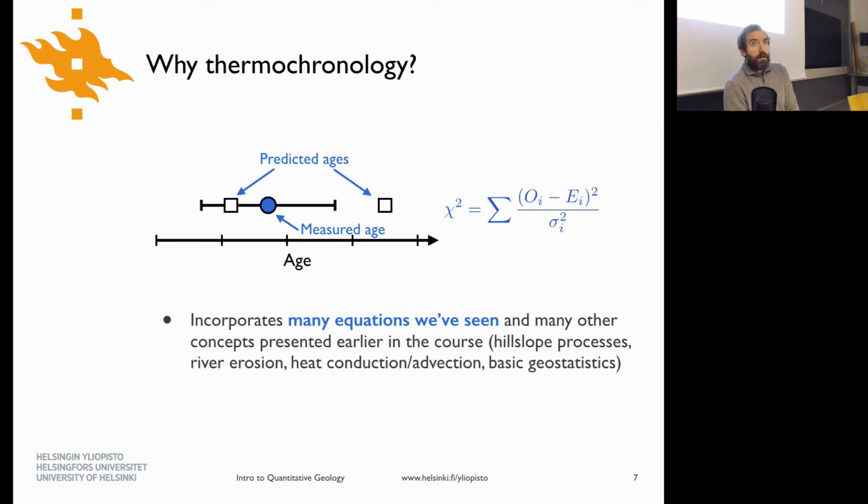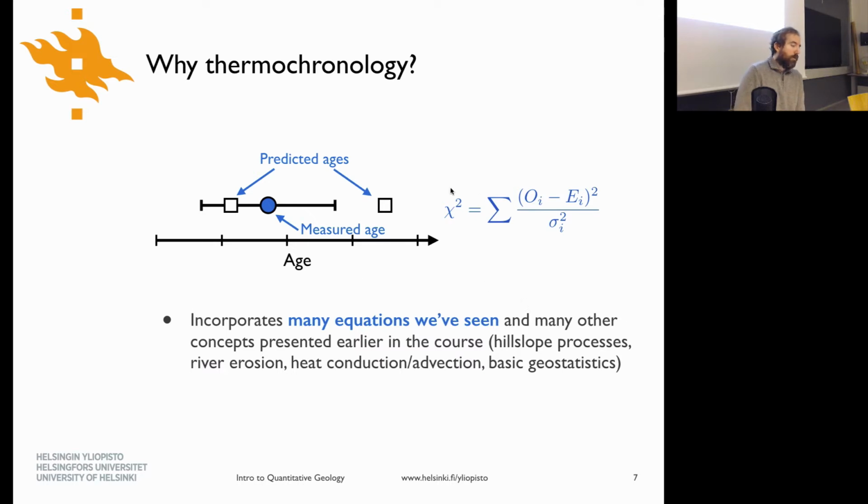Furthermore, we've dealt with this idea of misfits and fitting some prediction to a measured age. We did this in the context of hill slope erosion, where we had the hill slope profile you were trying to fit with the misfit function. We didn't deal with it too much with river erosion, but we did deal with it again with the glacier and ice flow exercise.